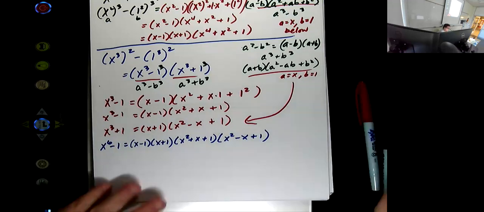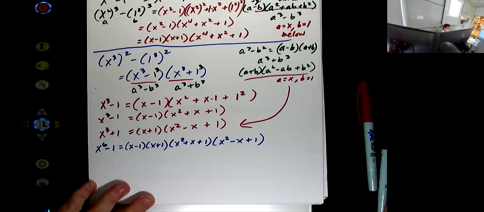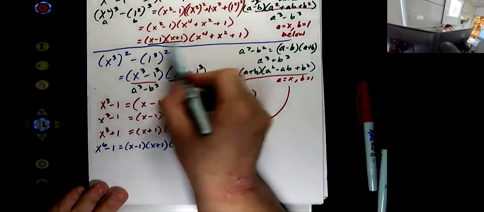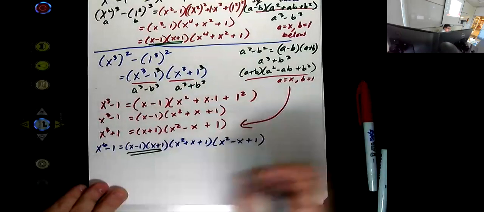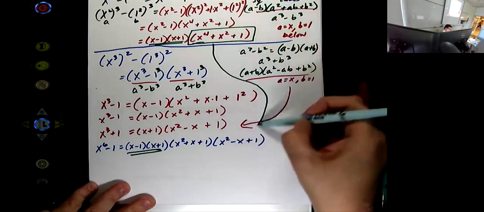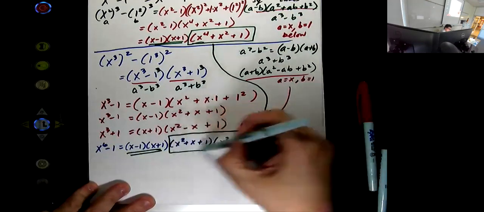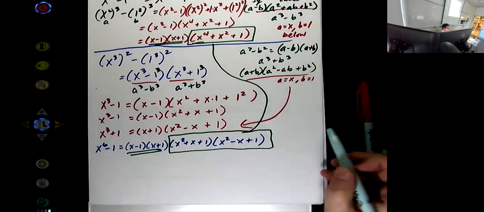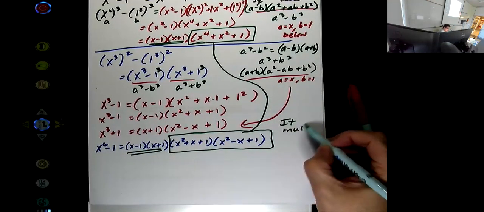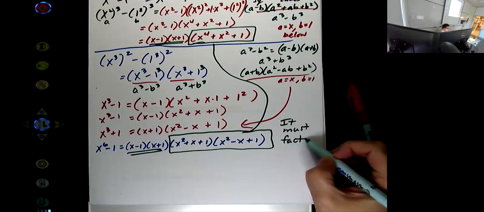So this is pretty tricky. I see these down here, which means this must factor to this. It must factor to that. But we don't have any tools for doing it.